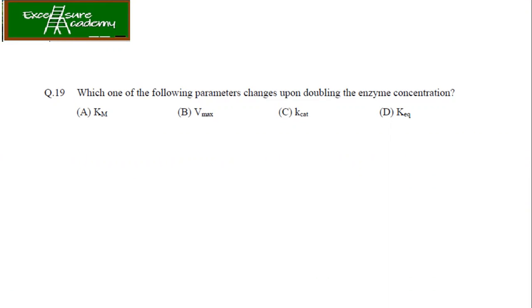It is independent of enzyme concentration and remains exactly the same. So option B is the correct answer: when you double the enzyme, the Vmax will also be doubled. So for this, you need to study the Michaelis-Menten equation of enzyme kinetics.